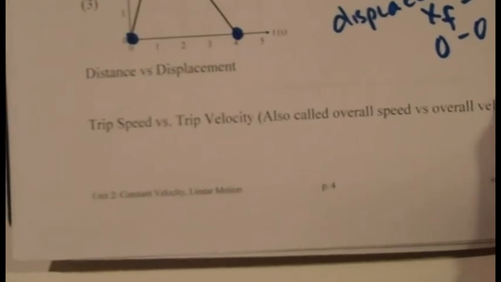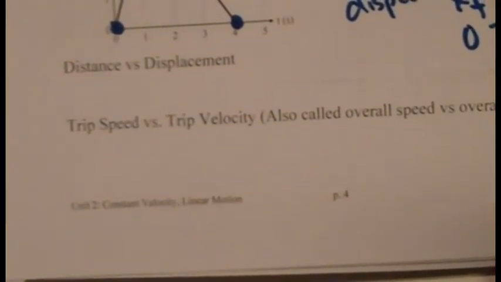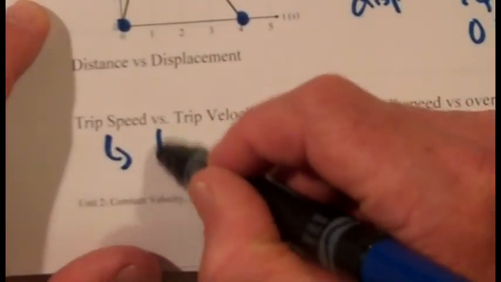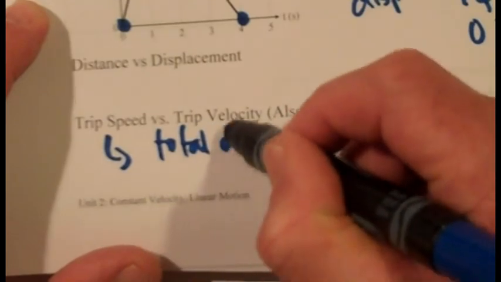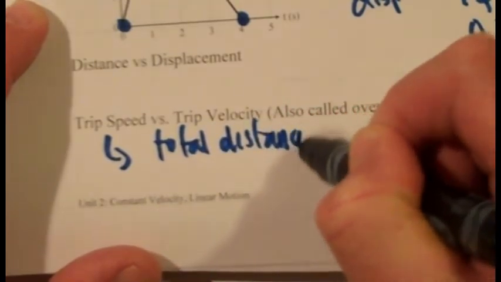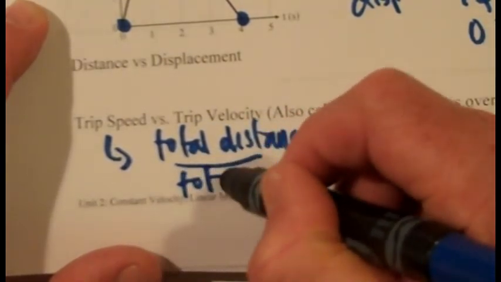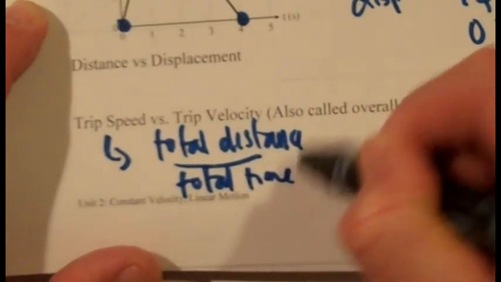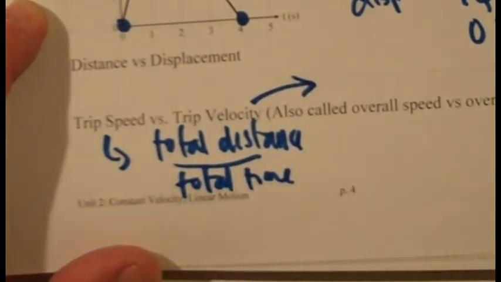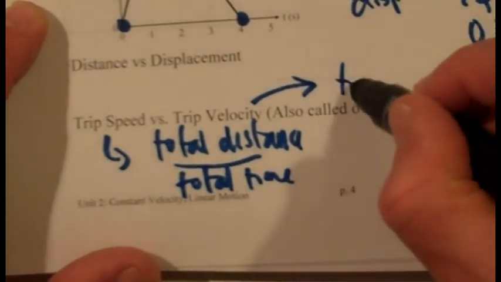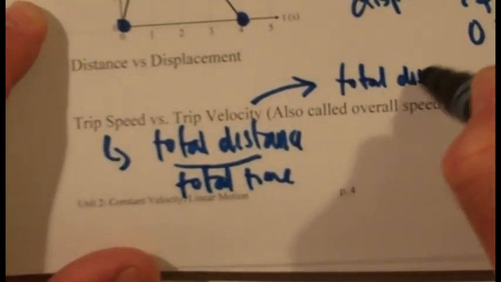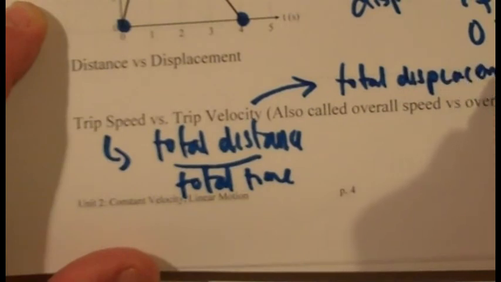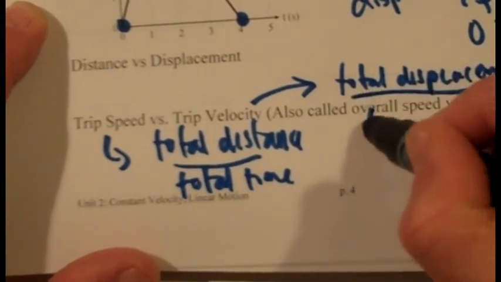Trip speed represents the total distance over the total time. And the trip velocity, also called overall velocity, represents the total displacement divided by the total time.